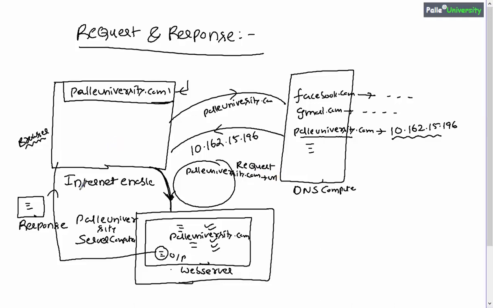I assume the IP address as 192.168.1.7. I am assuming that this browser computer's IP address is 192.168.1.7. So that IP address is also automatically included in your request, that is 192.168.1.7.